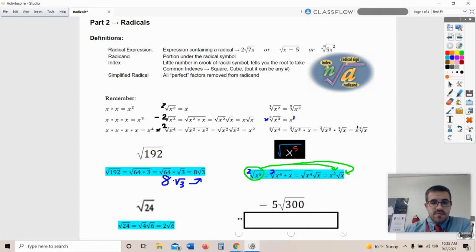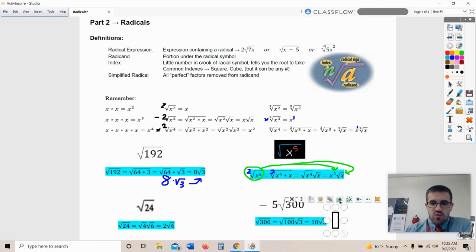All right, so if you follow along, you'll have the square root of 300 equals the square root of 100 times the square root of 3, which breaks down into 10 times the square root of 3. And one step I did not do here was I forgot to multiply it by the negative 5. So at the end here, you're going to want to multiply negative 5 times 10 root 3. And that's just going to equal negative 50 times the square root of 3.